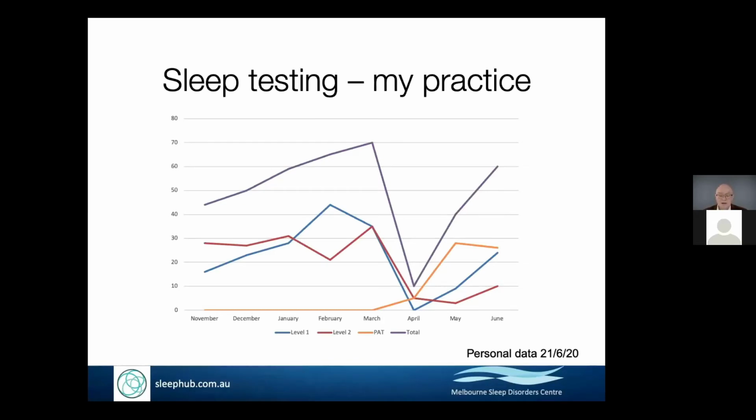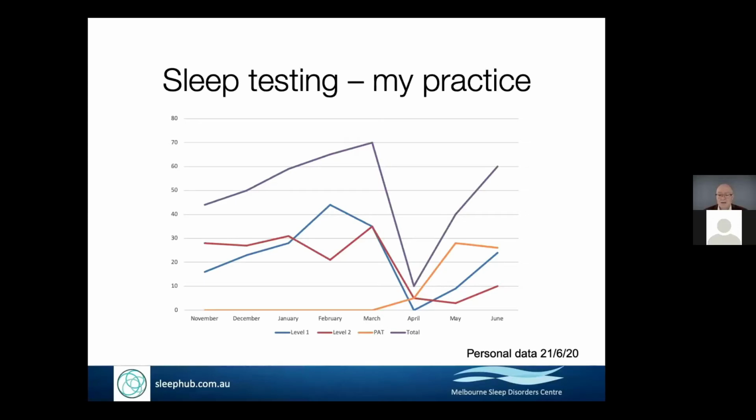That's when I started to introduce peripheral arterial tonometry-based testing, which I'll talk more about, as a way of trying to get sleep testing done safely during the 50% capacity, mainly by doing peripheral arterial tonometry testing and a handful of laboratory and home-based tests, which were really just ones that were commencing at the end of May.